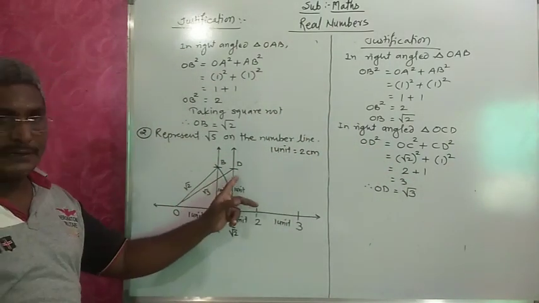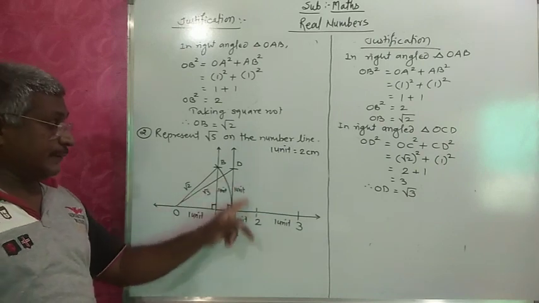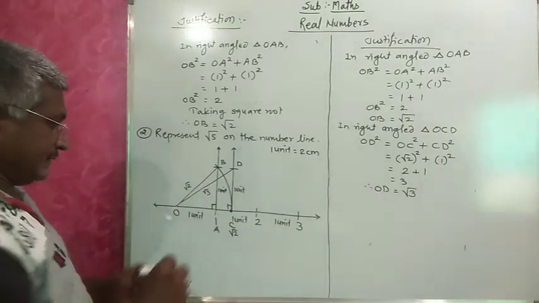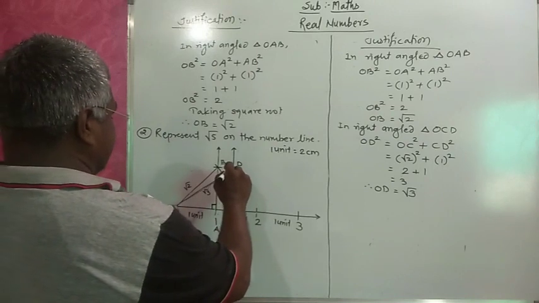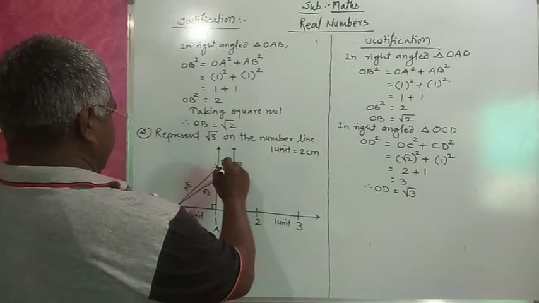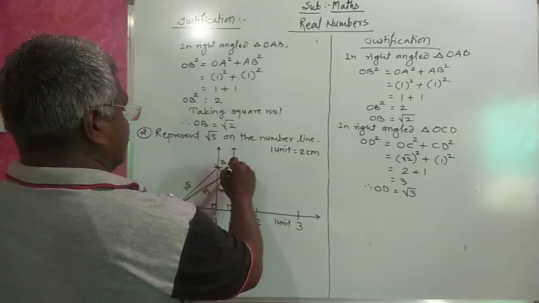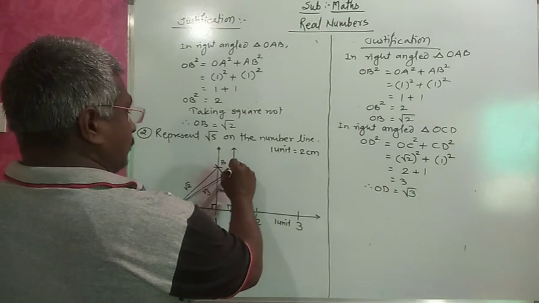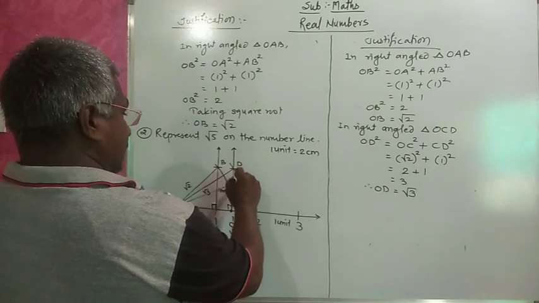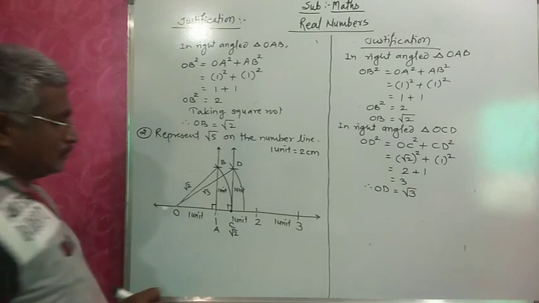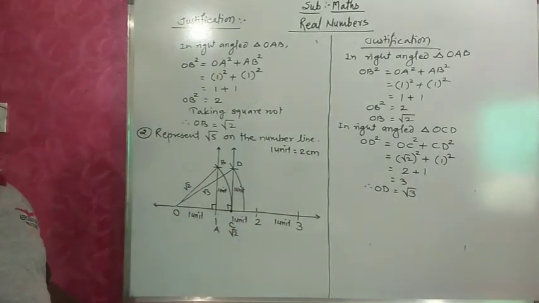Got root 3, student? Now this root 3 we represent on the number line. So take OD distance in a compass. See students, I took OD. Now mark. So it is intersecting the number line.